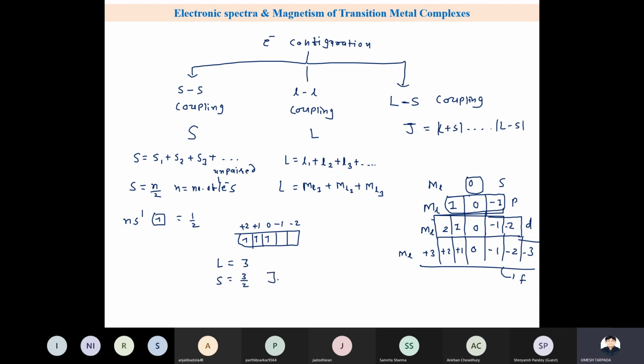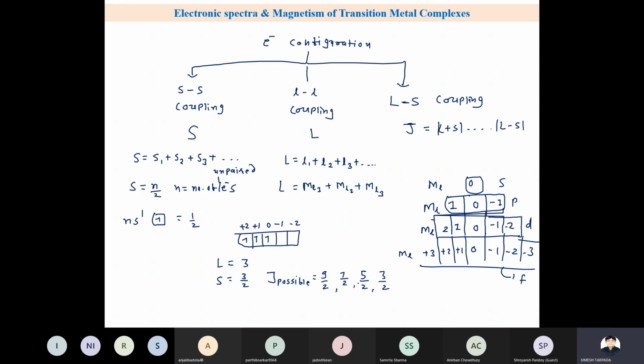So now you can write the possible J equal to L plus S, that is 3 plus 3 by 2, 9 by 2. Then 9 by 2 minus 1, 7 by 2. Then you go up to L minus S, that is 3 minus 3 by 2, which is 3 by 2. So these are the 4 possible values.